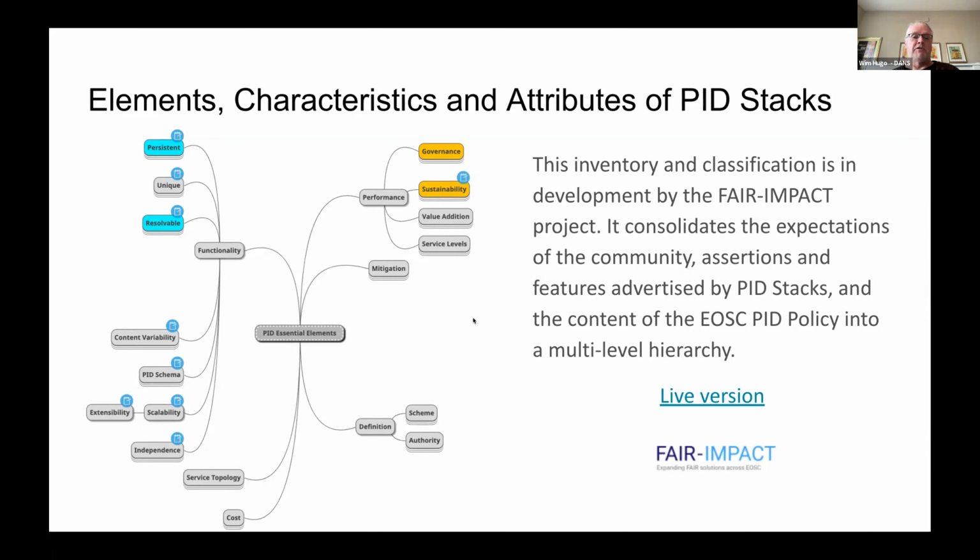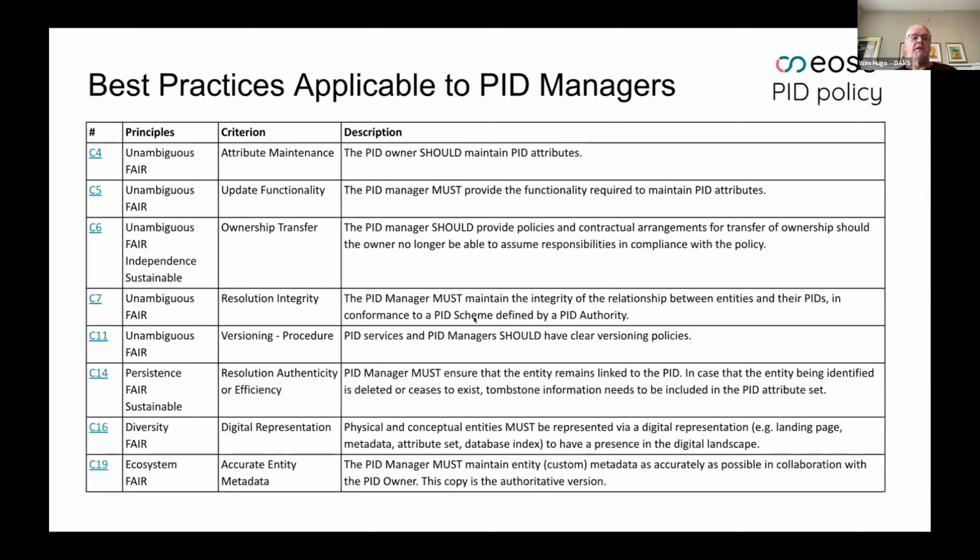So that's the kind of work that we are doing within the FAIR Impact project. Now, Renee looked at the criteria already, but I'm summarizing them here again from the perspective of PID managers.